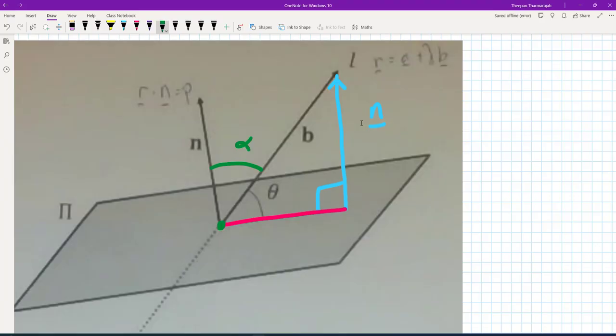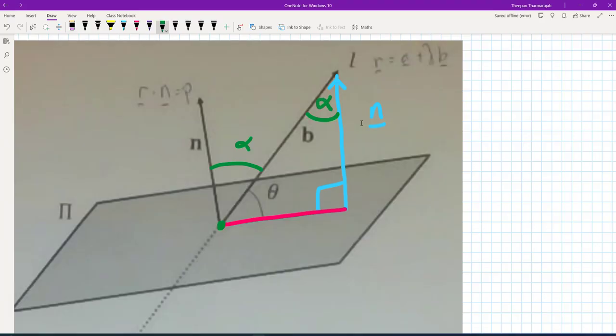In this case, n is going away from the point, and line L is also going away from the point. Provided that both vectors are going away from the point, the angle between them is alpha. Notice that the normal vector here is parallel to the normal vector here. We have two sets of parallel lines, hence we have alternate angles, meaning this angle is also alpha.